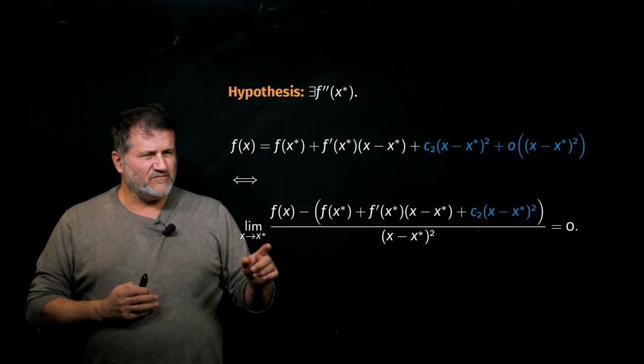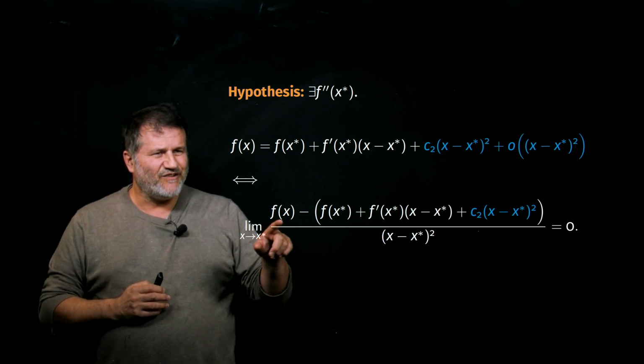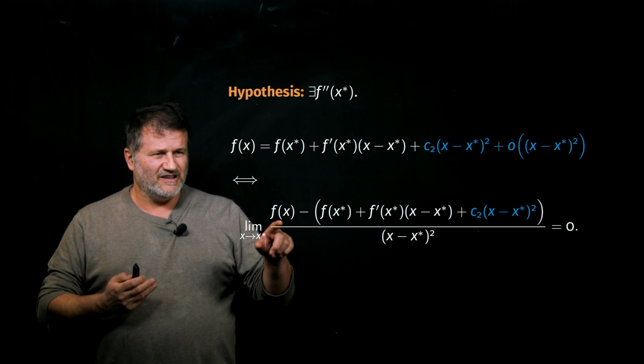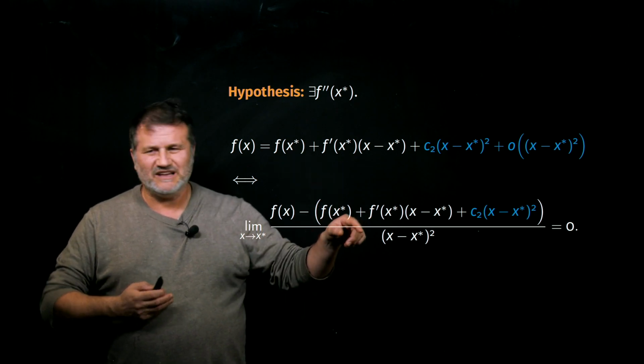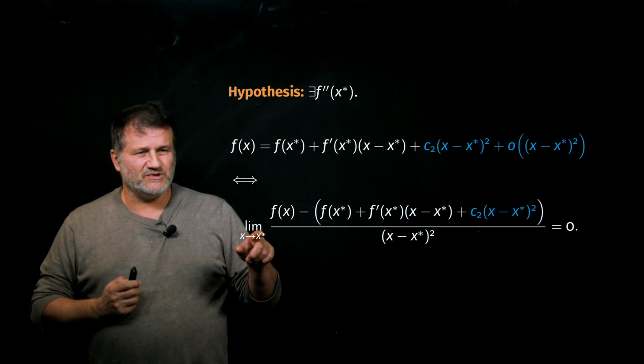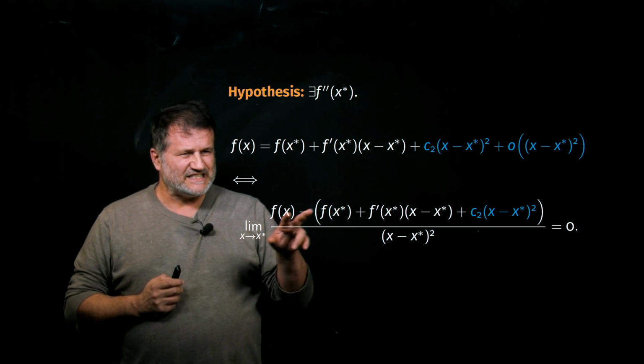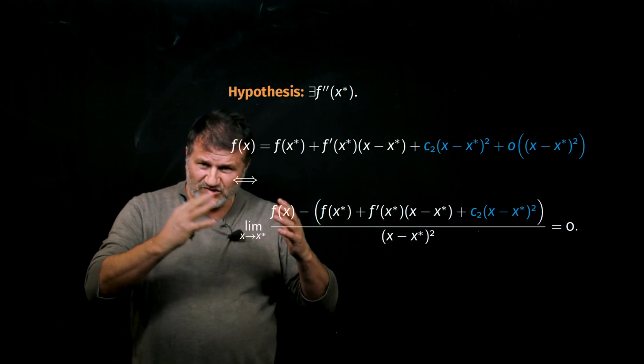Now, if we observe what happens when x goes to x*, we realize that since the function f is differentiable, we have this assumption because we are assuming that there is a tangent line, the function f is also continuous. So when x goes to x*, f of x goes to f of x*, and this makes this difference go to zero.